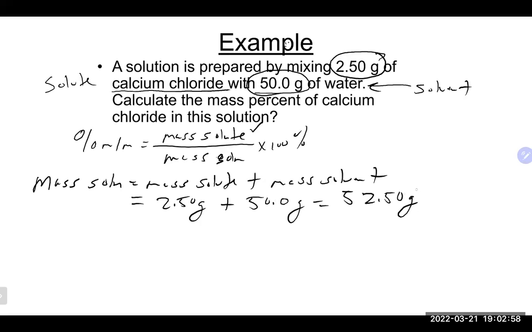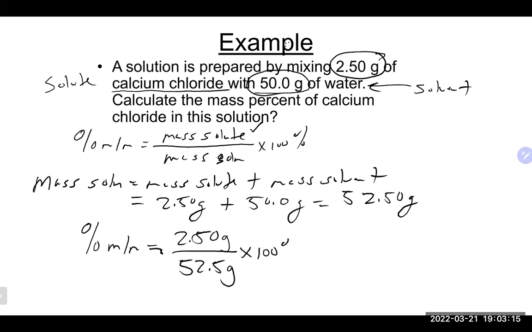At this point, we would then have everything we need. So our percent mass to mass would be our 2.5 grams of solute on top. We want to make sure we have the entire mass of our solution on the bottom, times 100%, giving us 4.76 as our answer.